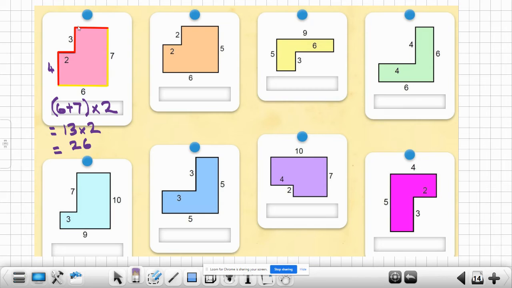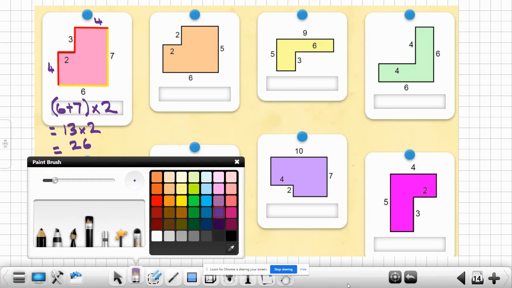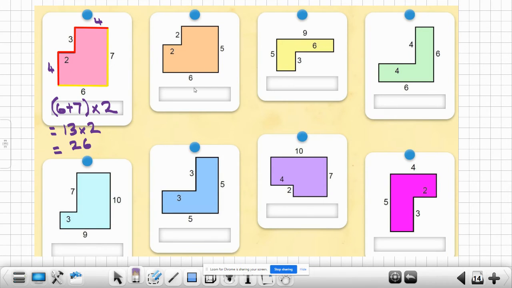So those two distances are the same as that distance. That must be 4 also. So although it looks irregular, it doesn't look the same, we are still travelling the same distance up and the same distance across. Okay, so once we realise that and we believe that, then it becomes very easy to find the perimeter of these shapes.